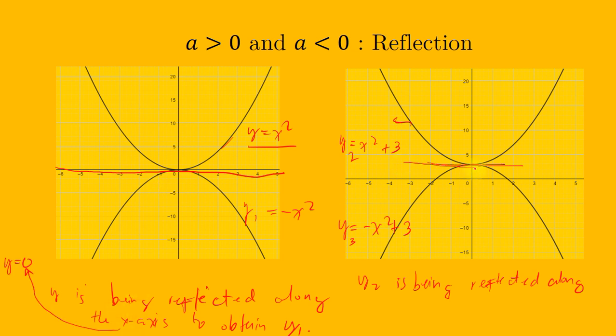That is, y is being reflected along y equals 3 to obtain y sub 3, which is this graph. So this graph is being reflected along this line, y equals 3, to obtain y sub 3.